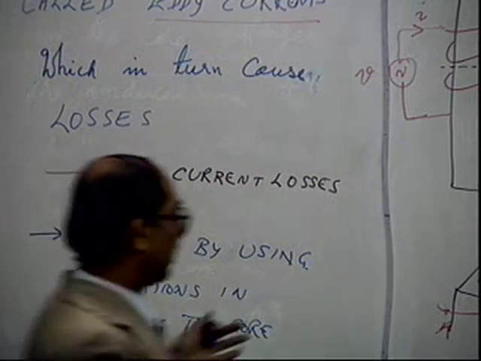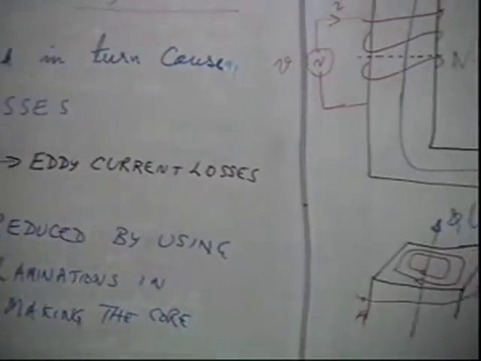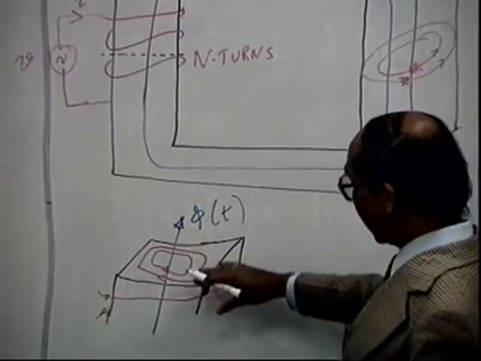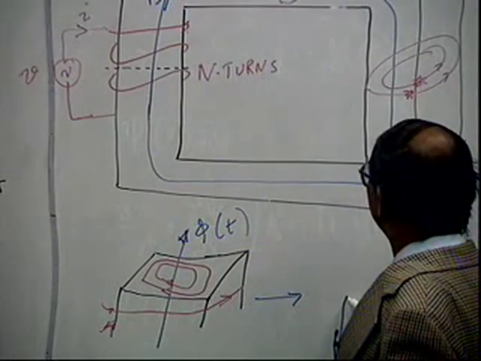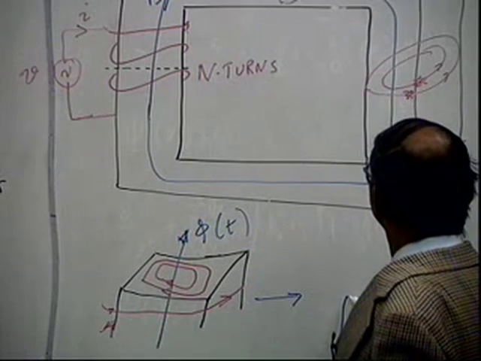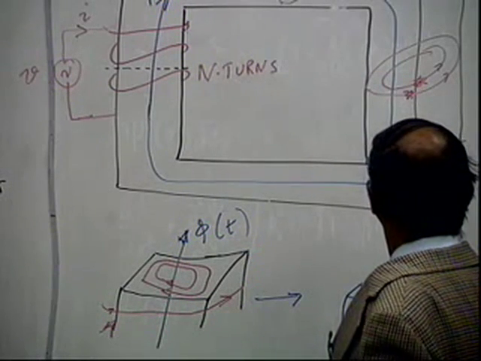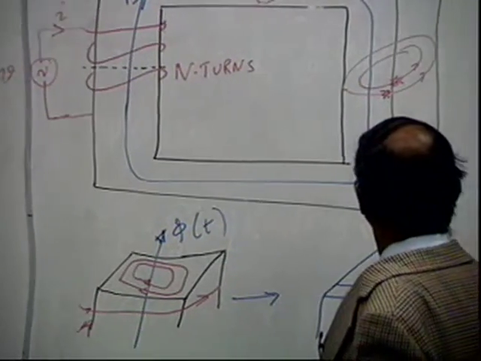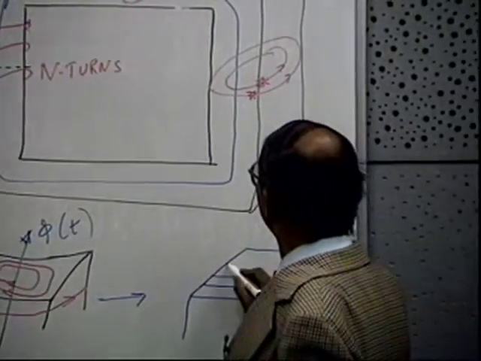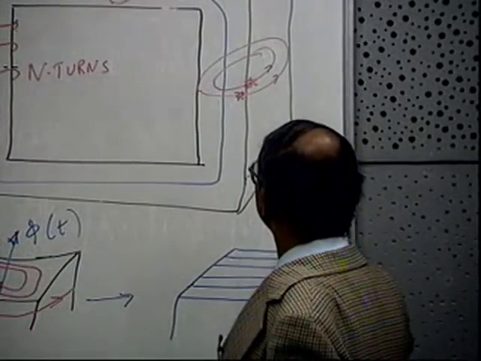So what you do is, instead of making a solid one, you will have laminations like this. You cut it, and they are fixed like this.